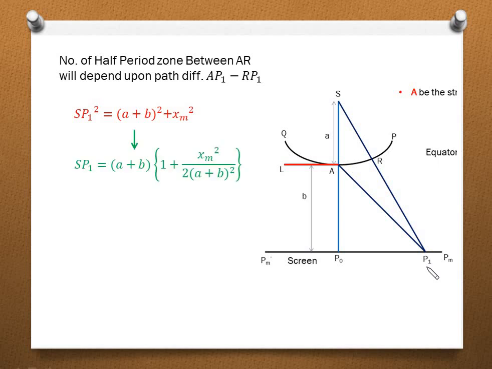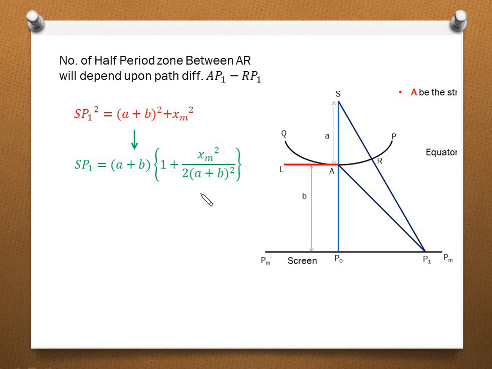Just rewrite it, take a square root, and with the assumption that x naught xm square is much smaller than these two terms, we can drop the higher order term.